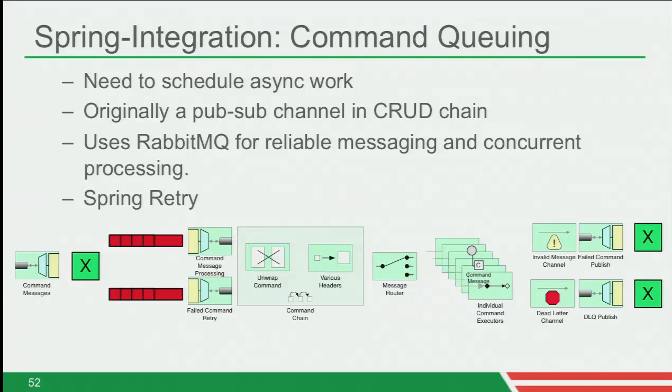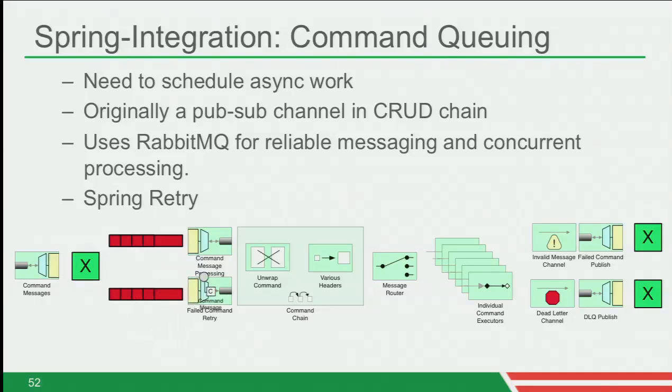Assuming the processing is good, it'll just terminate into whatever channel is at the end of those service activators. But if an exception is thrown, and that exception comes about due to a network error or any number of errors that we think we can reasonably recover from, we'll queue that message up on this failure channel, and that'll get republished to the Rabbit broker, and end up on this other failure channel. Right now we're giving those channels equal priority, but we could add a delayer in there or do some sort of QoS. We don't have the need for that.